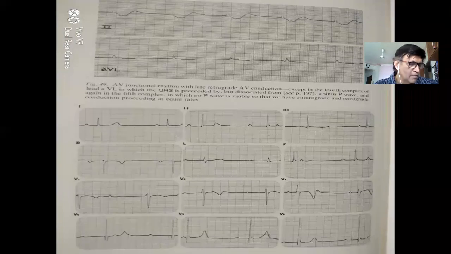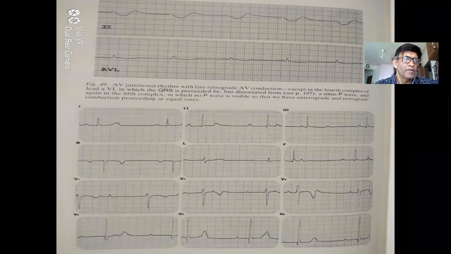In heart block 1, there is a constant PR interval which is increased. Suppose it is increased to maybe 10 squares. In every complex, that is constant. The PR will be constantly increased in every complex. That is heart block 1.